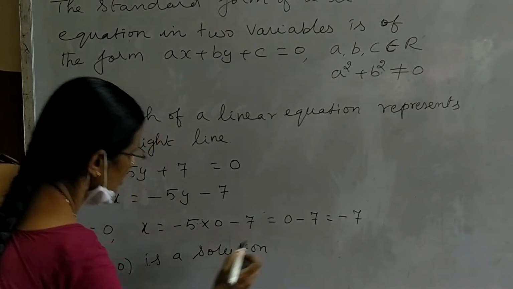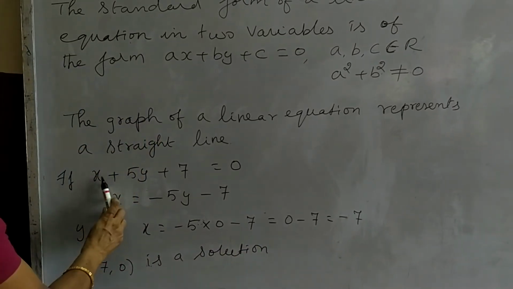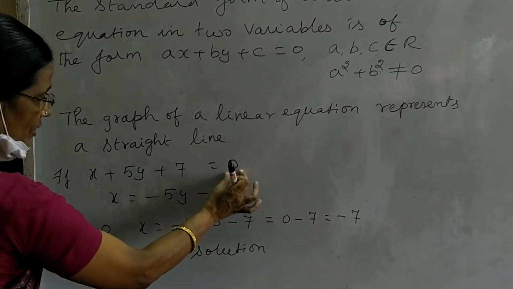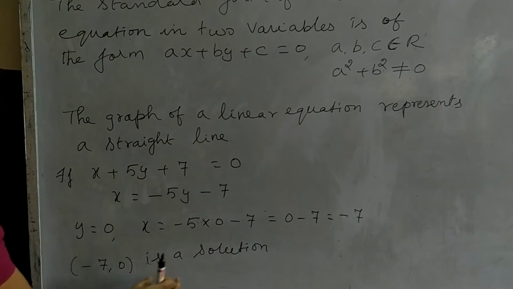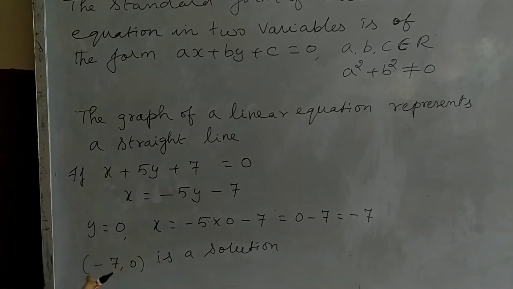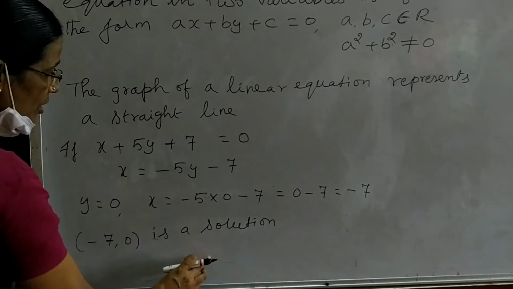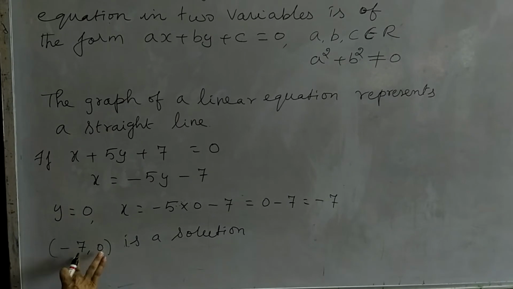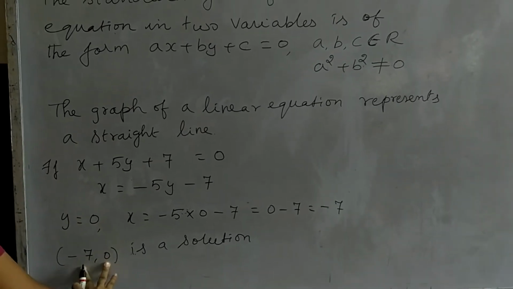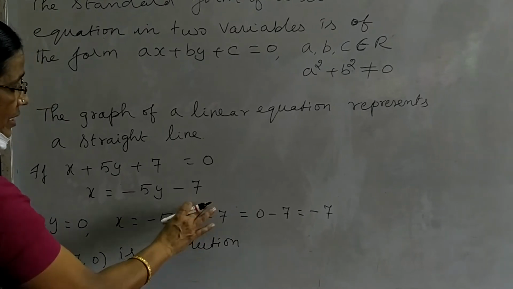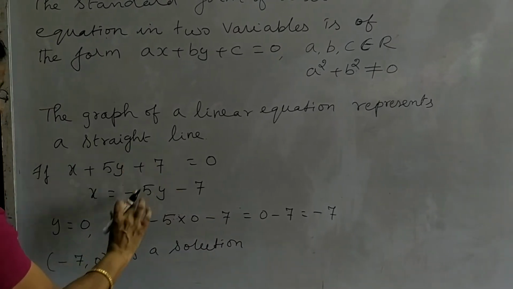What do you mean by solution? When we substitute the values of x and y in the given equation, we get LHS equal to RHS. Those values are called the solution of the given equation. Contrarily, if we draw a straight line using the given equation, you will find (-7, 0) on the graph we have drawn. So each and every solution will lie on the straight line we have drawn.